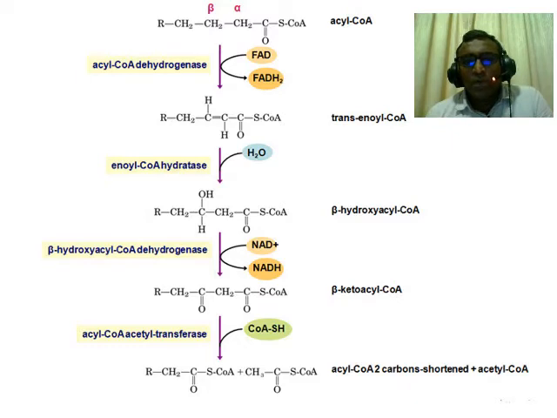Therefore, the name beta oxidation comes about. It starts off with oxidation of this acyl-CoA, and since it involves a dehydrogenase, it's a redox reaction where oxidation is also accompanied with reduction.